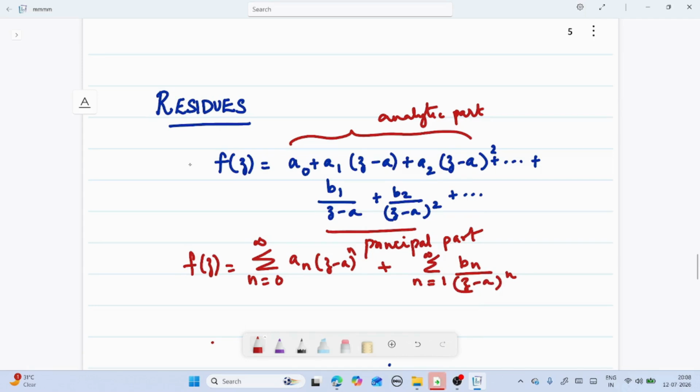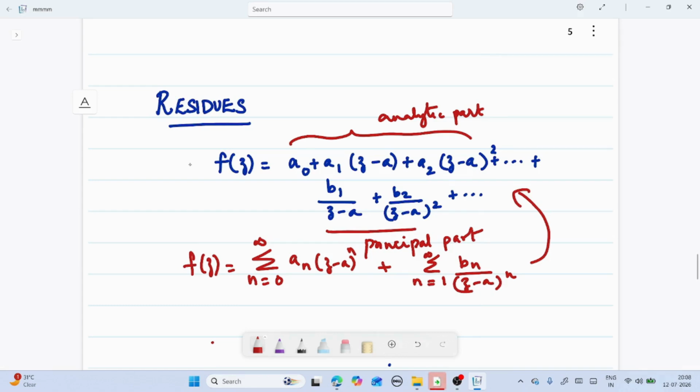Here n will not take 0, because the moment I give n equal to 0, you will not have negative powers involved. So here n goes from 1 to infinity. In some textbooks, you can find the Laurent series expanded in this general form, with positive powers and negative powers.